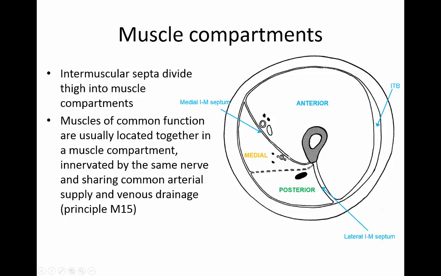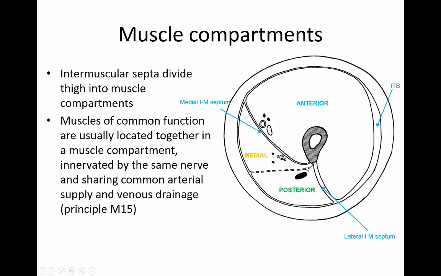Medially we have a medial intermuscular septum, and laterally we have a lateral intermuscular septum. This separates our thigh into what we say is 3 muscle compartments, sometimes called fascial compartments. We have an anterior compartment. This is where we'll find our quadriceps muscles, for instance, muscles which generally, mostly, are going to extend the knee.